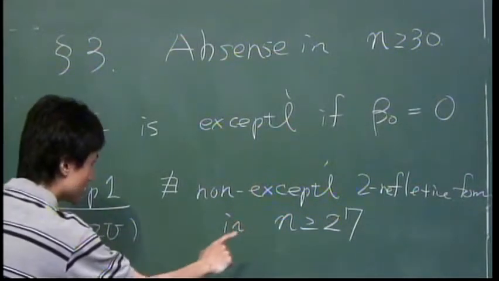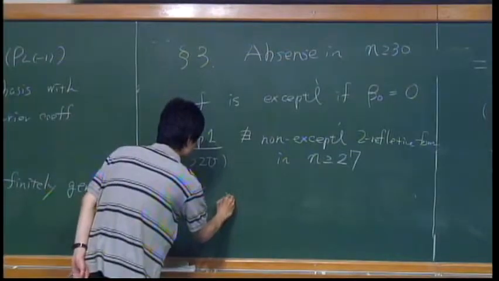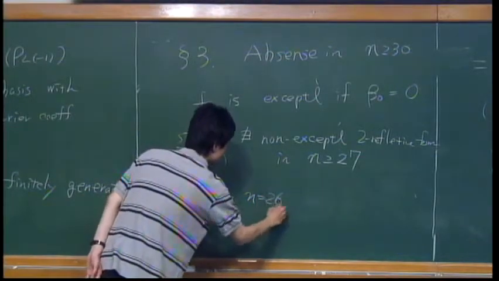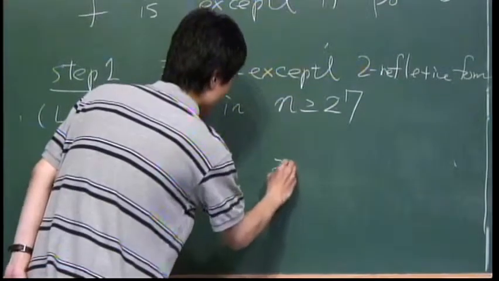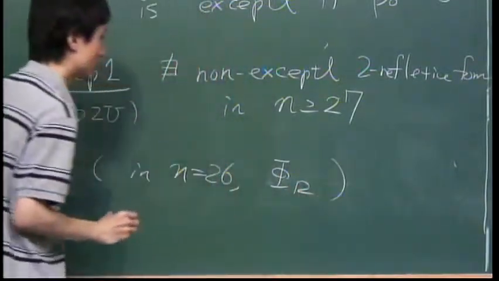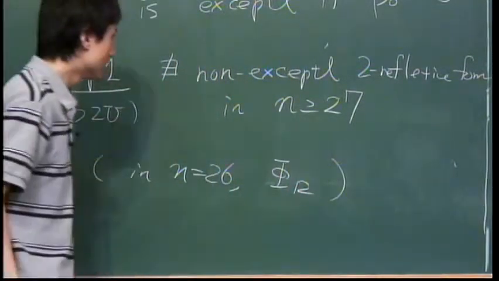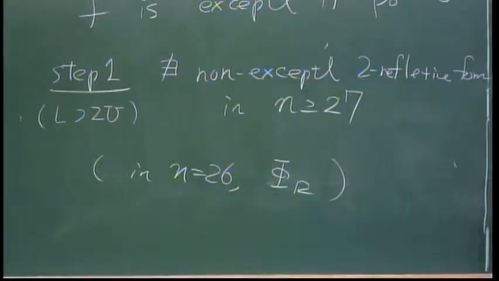This bound is best possible because in dimension 26, we have Borcherds phi 12.